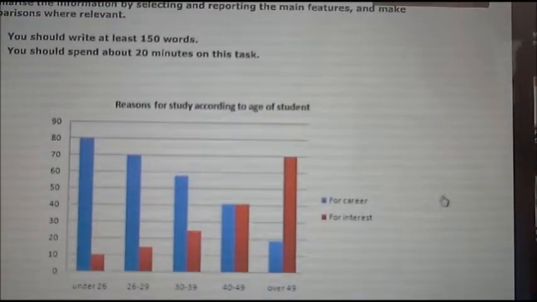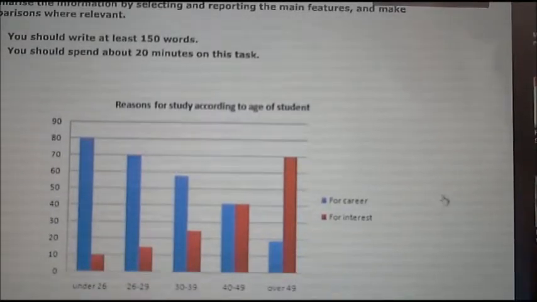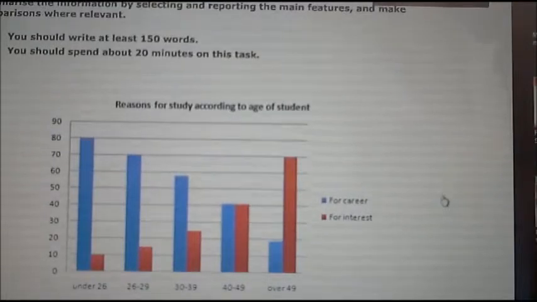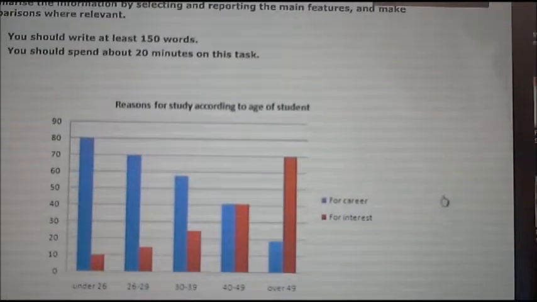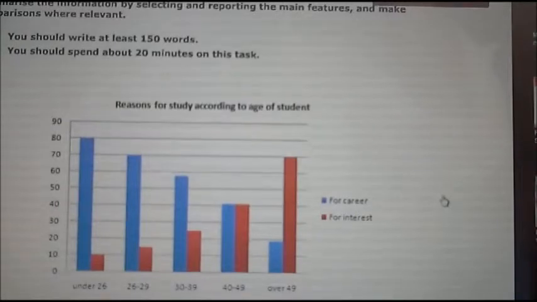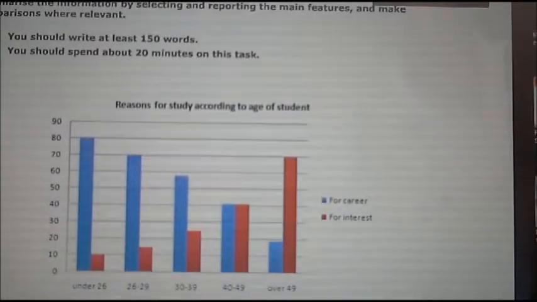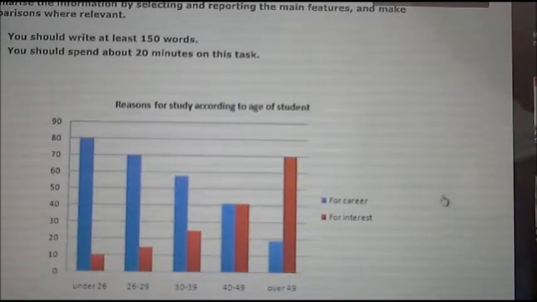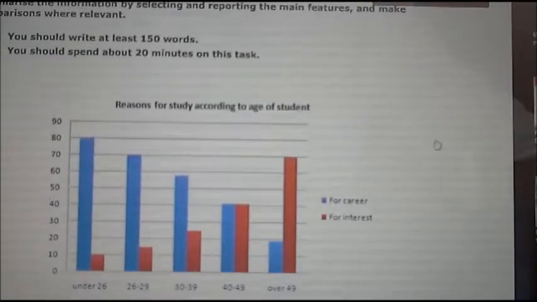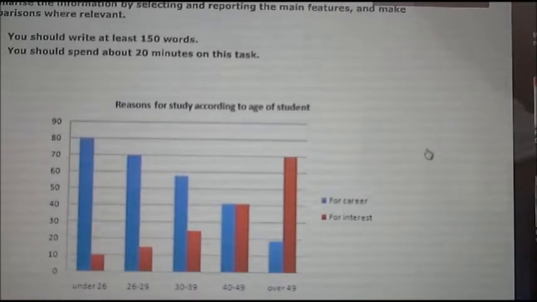While when we are 50, we have learned enough for our career, and we are more focused on our interest. Okay, thank you very much. We will continue then with the terminology in the second part of the class.